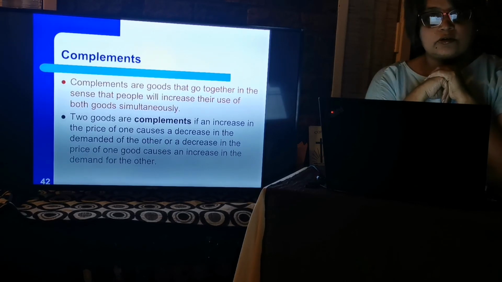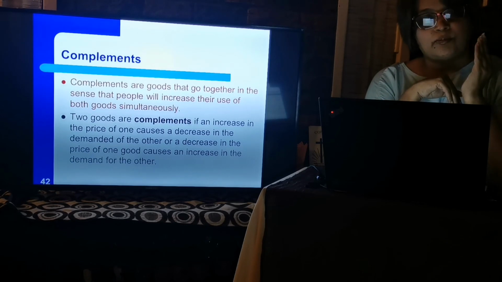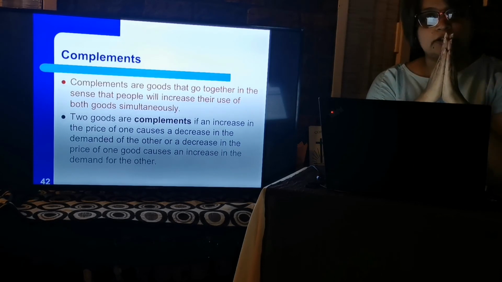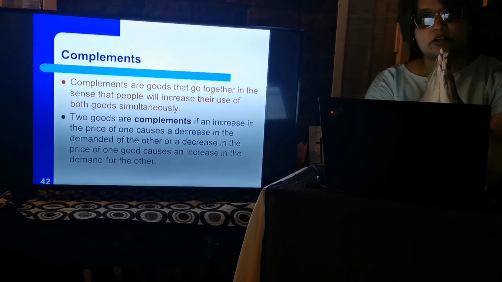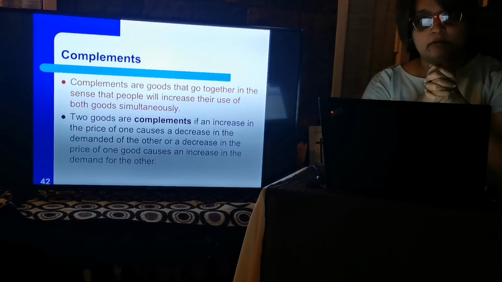That was substitute goods. Can you imagine what will happen if the goods were complements? Meaning, if you have to buy one product, you need to buy the other as well because they complement each other. Blades and razors go together. Cars and tires go together.